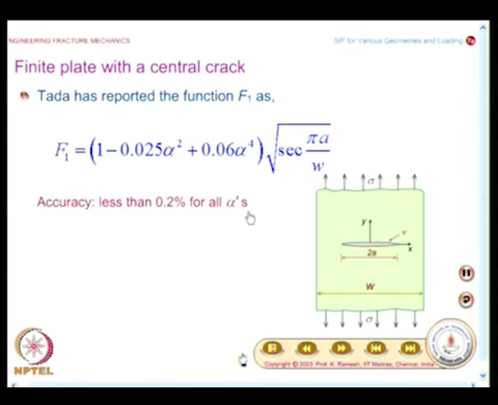What I would like to caution is these are not from an analytical solution, you must understand that. People have done a numerical analysis either by boundary collocation or finite element as the case may be, and whatever results they have got, they have fit an appropriate empirical relation, and these are time tested. People have found them useful.